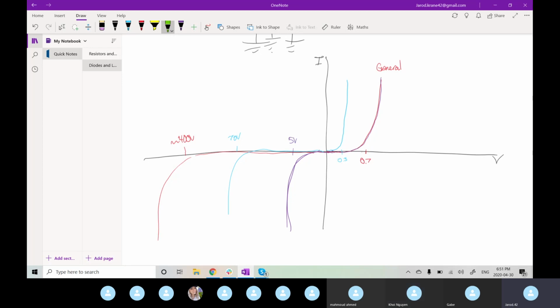And then the final TVS will have the same, roughly, but then will break down at the higher end of, again, several hundred.